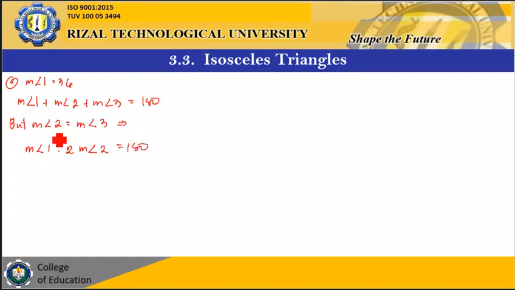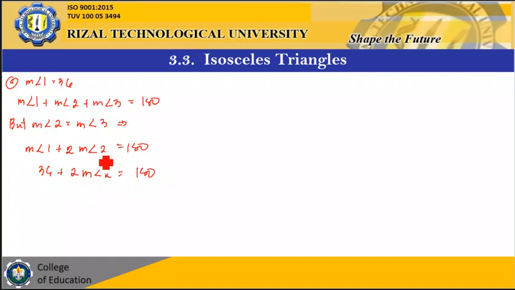So just substitute the measure of angle 2 is equal to the measure of angle 3. Therefore, the measure of angle 1 plus the measure of angle 2 plus the measure of angle 2, and the measure of angle 2 plus the measure of angle 2 is twice the measure of angle 2. Okay? And let's substitute the value of the measure of angle 1, which is 36, plus 2 times the measure of angle 2 is equal to 180.